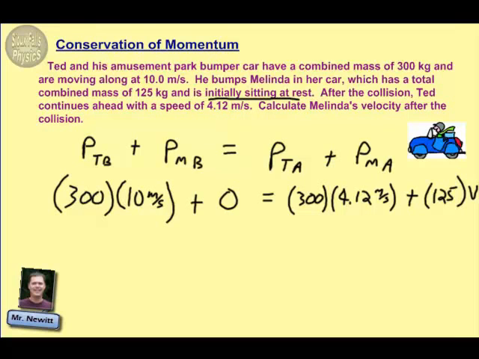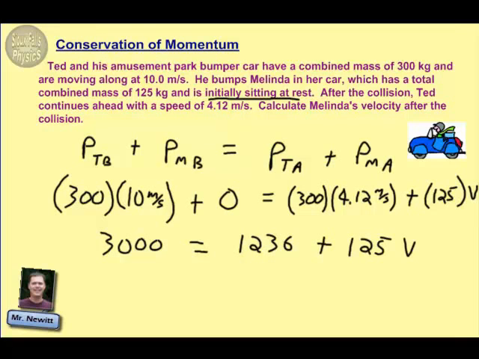All right, so doing a little calculating here. 3,000 on the left side is going to be set equal to 300 times 4.12, which gives us 1236, plus 125 kilograms times that velocity.